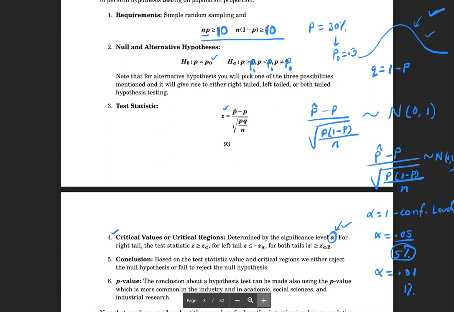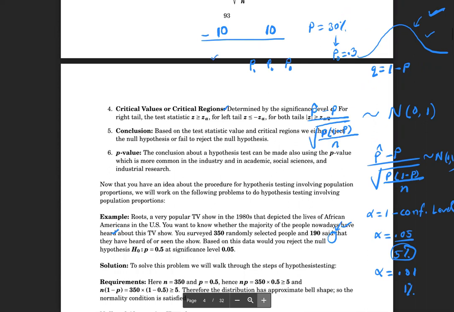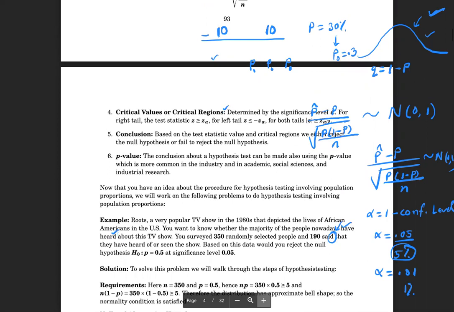And then you make conclusions based on your critical value and the statistic that you calculated. And this I made an extra number. This is actually conclusion 2. You don't have to cancel it or cross it. It's the same thing. You can make this conclusion based on the critical region, or you can make the conclusion based on p-values. And I'm going to do both of them for you.